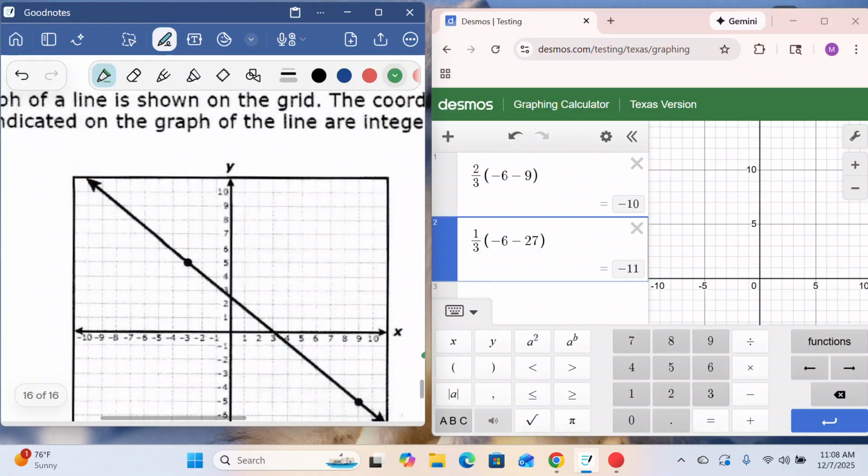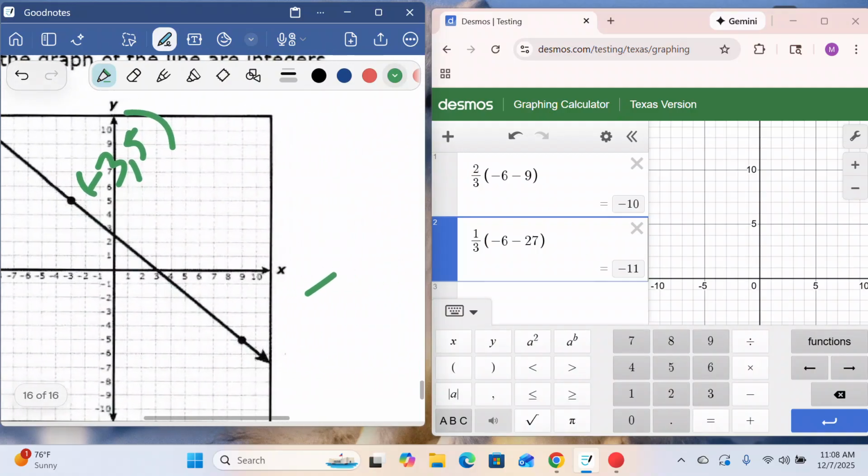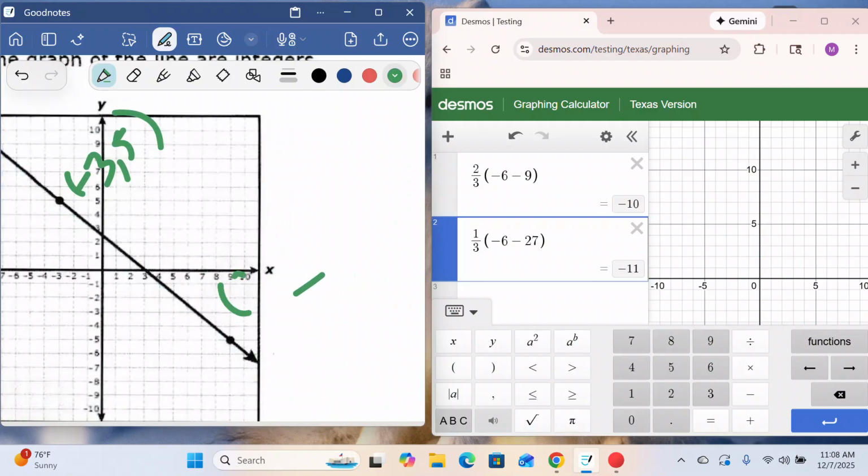So I go and I input these coordinates. The X is -3 and the Y is 5. Then I go here, and the X is 9 and the Y is -5.